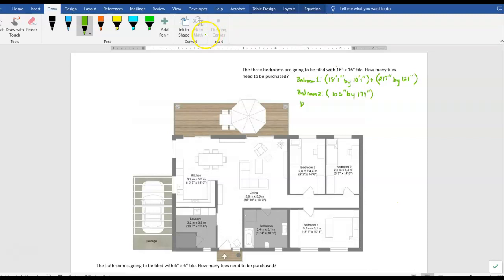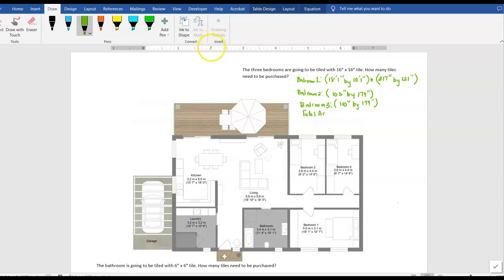And then bedroom number 3 is the same length, 14 feet 6 inches, and then it's 9 feet 2 inches, versus 8 feet 7 inches. And so we have 110 inches. So this bedroom is just a little bit wider, 110 inches by 174 inches. And so now we want to find the total area.